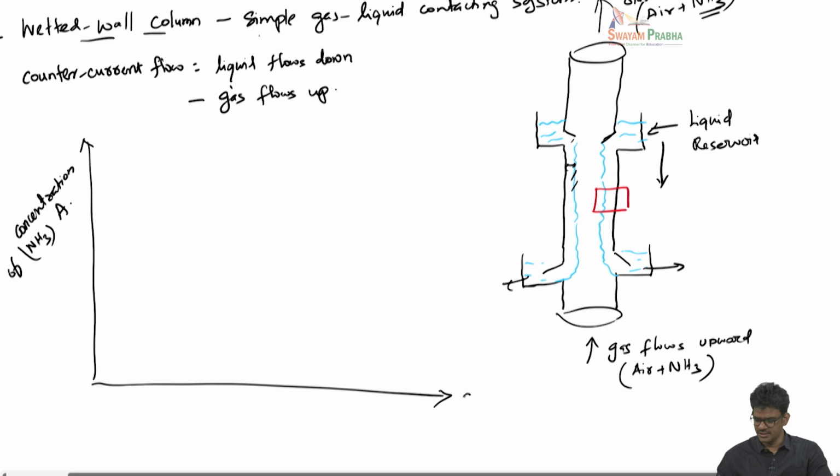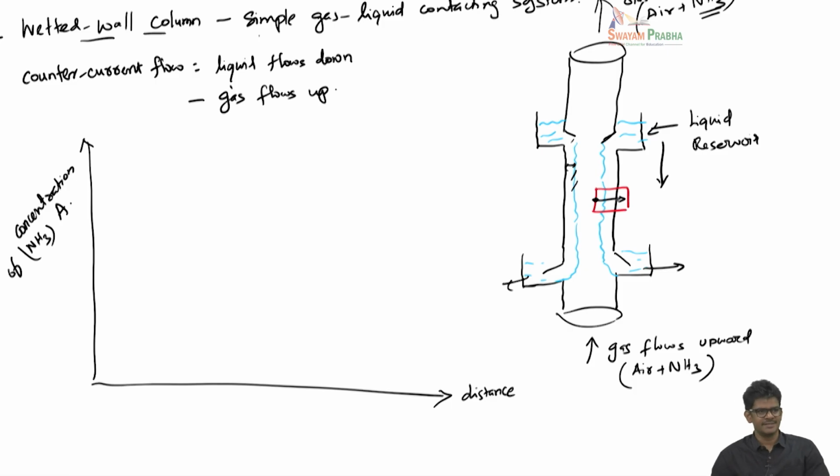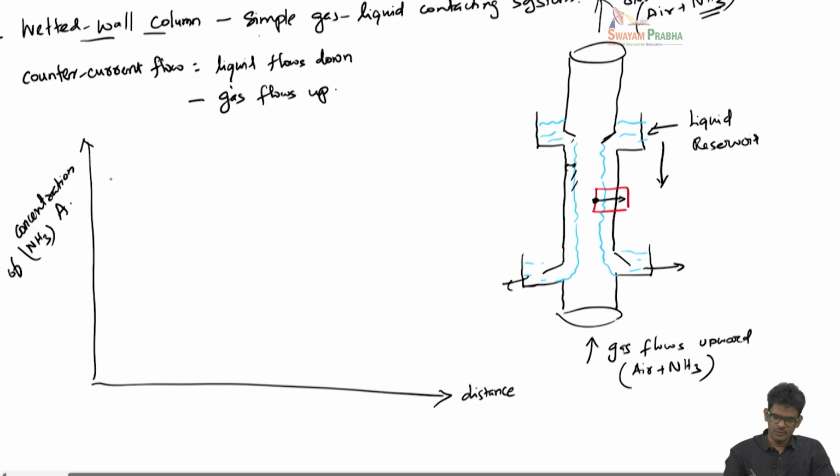The x-axis here is the distance. So you're actually looking from here and moving from the bulk of the gas to the bulk of the liquid, crossing the gas liquid interface. So when you are at this point, you are in the bulk of the gas. So maybe you start somewhere here. Okay, this is something we call y_AG.